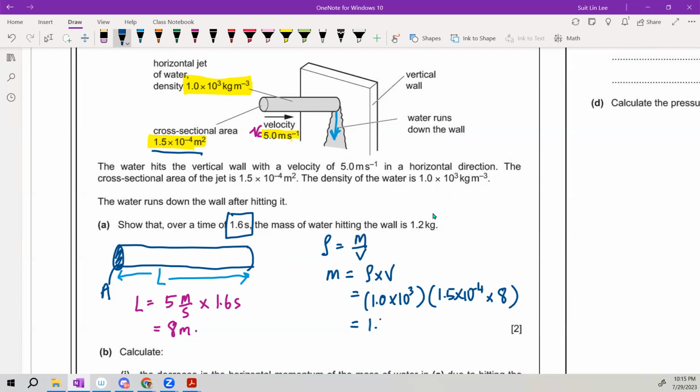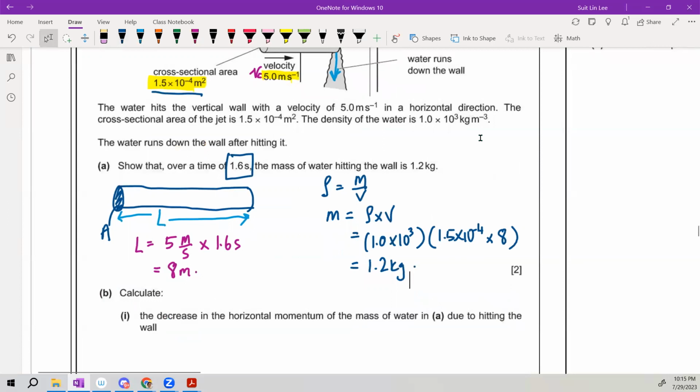So this would be exactly 1.2 kg. So 1 mark is when you find the length of the water column. Then the other mark is when you substitute everything in using the density is mass over volume equation.